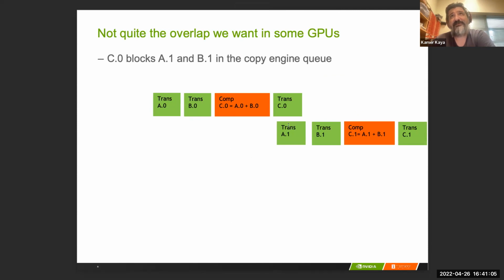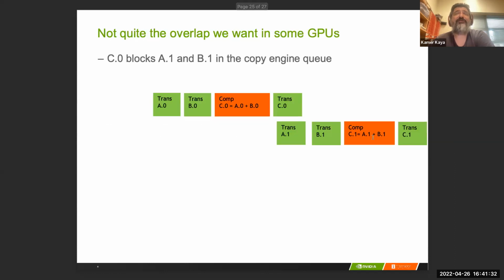I cannot transfer this guy yet, because it is here and this is here still. And C0 blocks the A1 and B1 transfers, because I cannot transfer it here, I cannot transfer it here, and I need to transfer this guy. So I can only do it here at this point, and I continue like that.